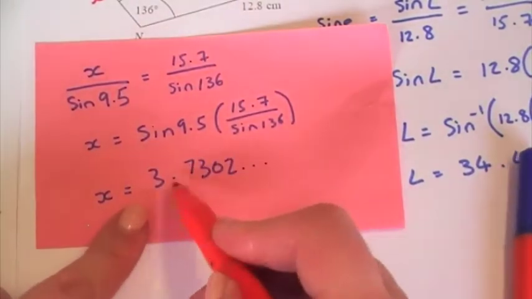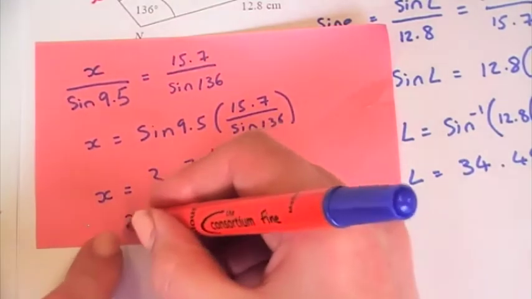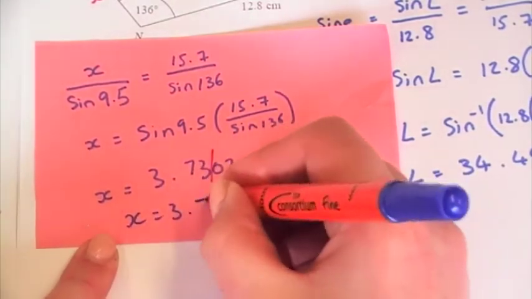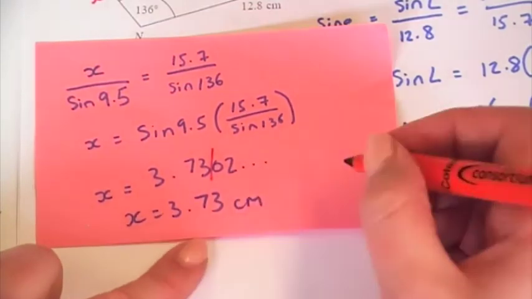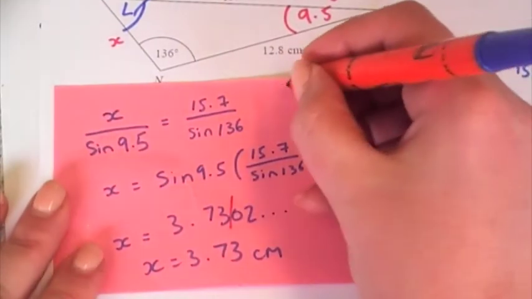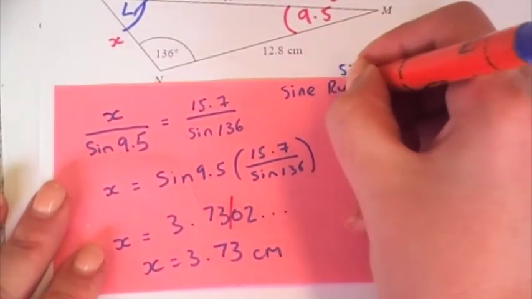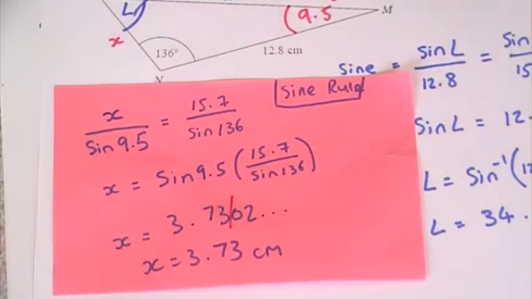So 1, 2, 3, cut it off there. The 0 doesn't have an effect. So x equals 3.73, and it's a length. So that's centimeters. So that's how you could finish that question off using the sine rule. And that's probably the one I would have gone for in this question.